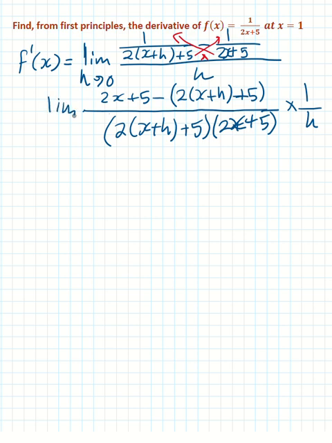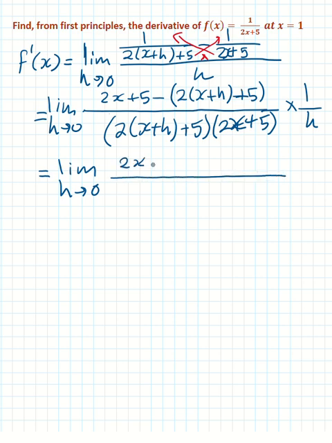So the limit as h approaches 0, and then equals the limit as h approaches 0, and in here we can get rid of the bracket in the numerator. So what we're going to have is 2x plus 5 minus 2x minus 2h, and then minus 5, over all of that together.